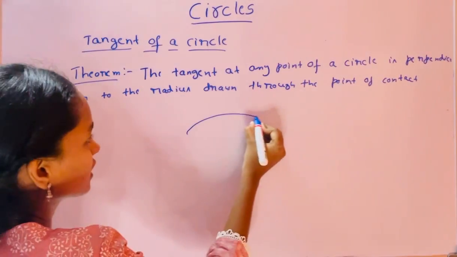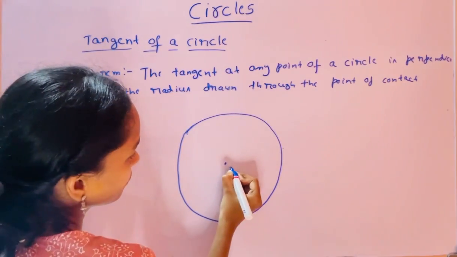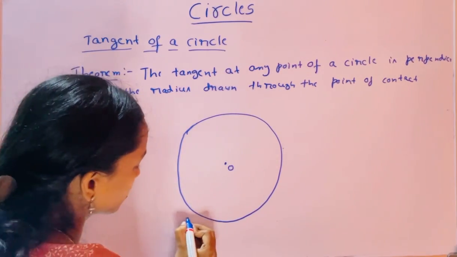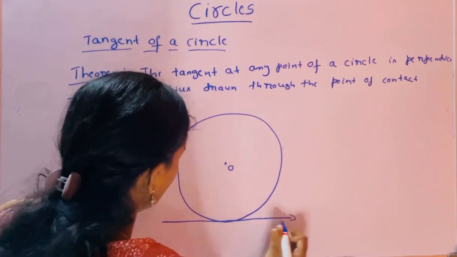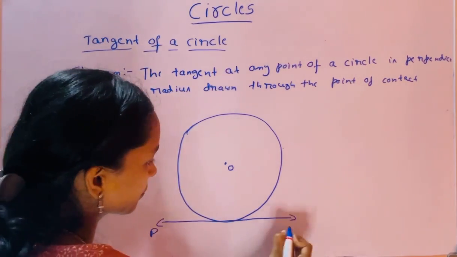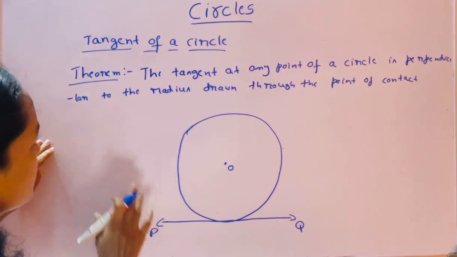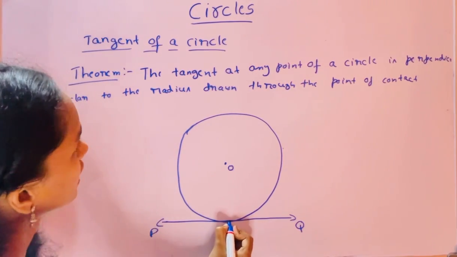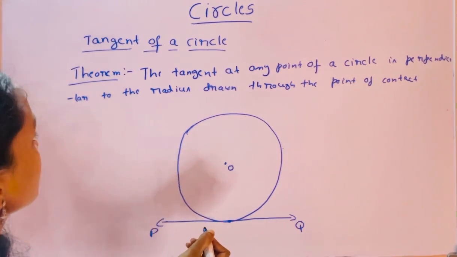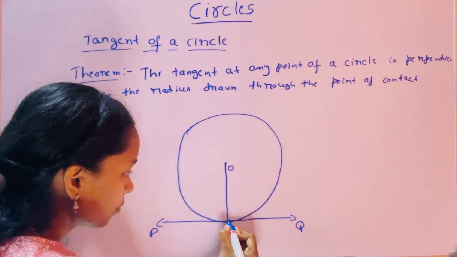Let's consider a circle with center O. Let us draw one tangent, that is PQ. So, what is the theorem? The tangent at any point of a circle is perpendicular to the radius drawn through the point of contact.